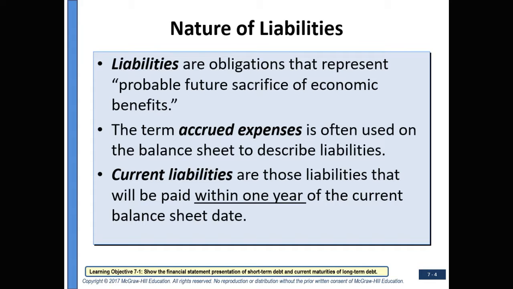The term accrued expenses, which you are going to encounter, is often used on the balance sheet to describe liabilities. And current liabilities are those liabilities that are going to be paid within 1 year of the current balance sheet date.